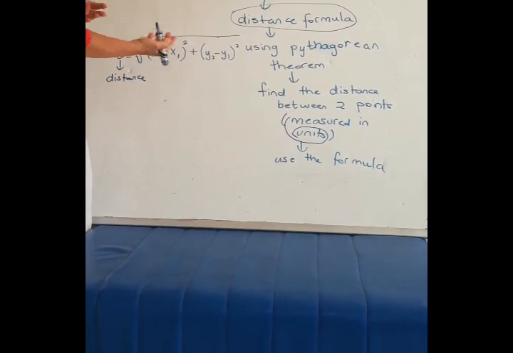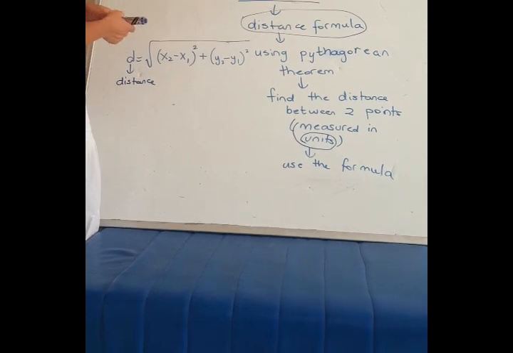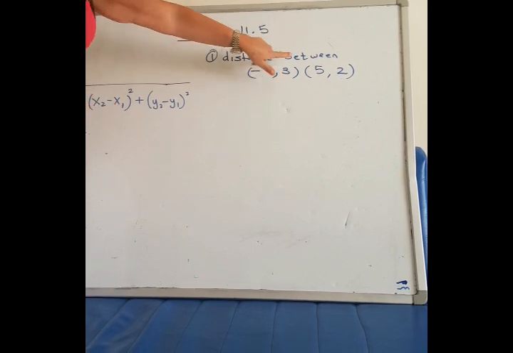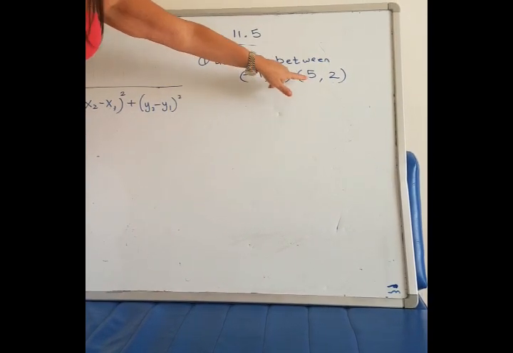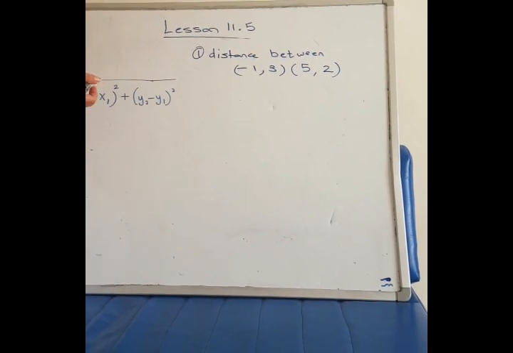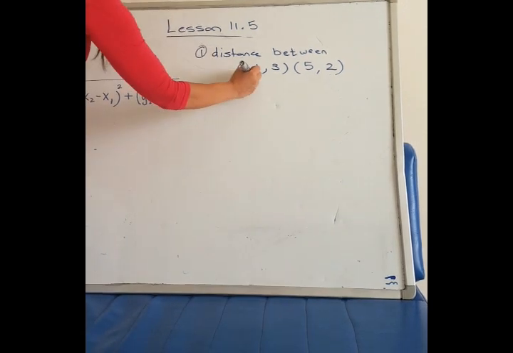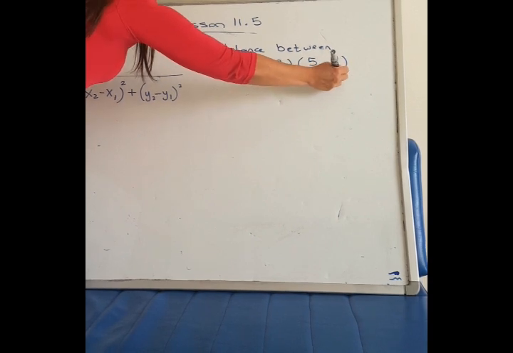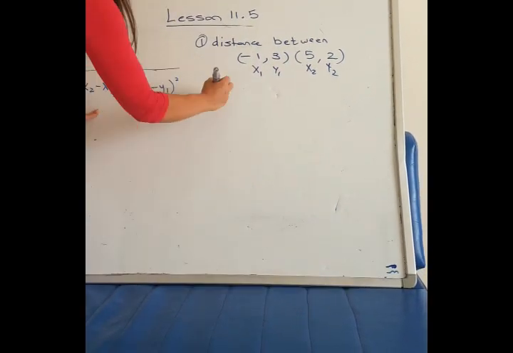How do I use it? I'm going to see the examples that we have. The first example is I need to find the distance between (-1, 3) and (5, 2). The first thing I need to do, I need to label them: x1, y1, x2, y2. And then I rewrite the formula.